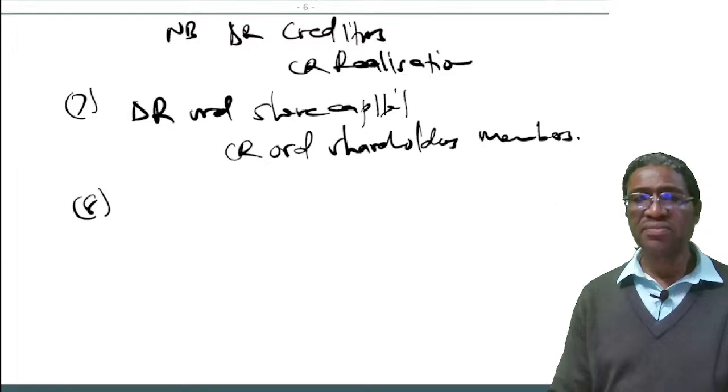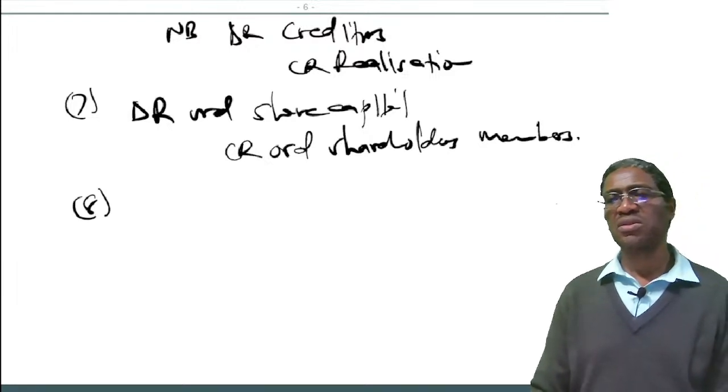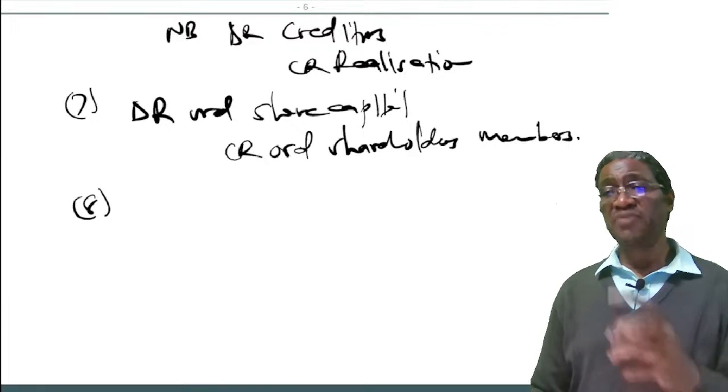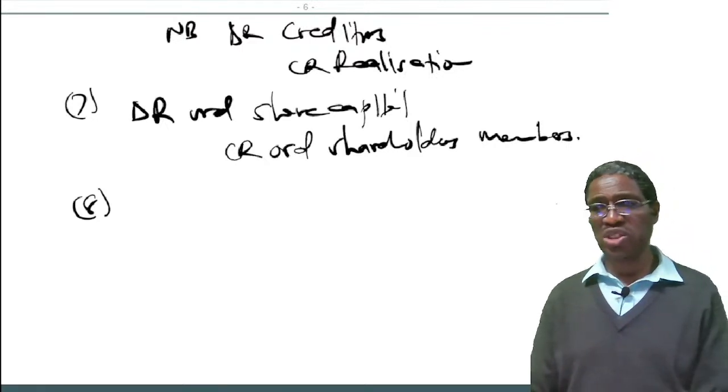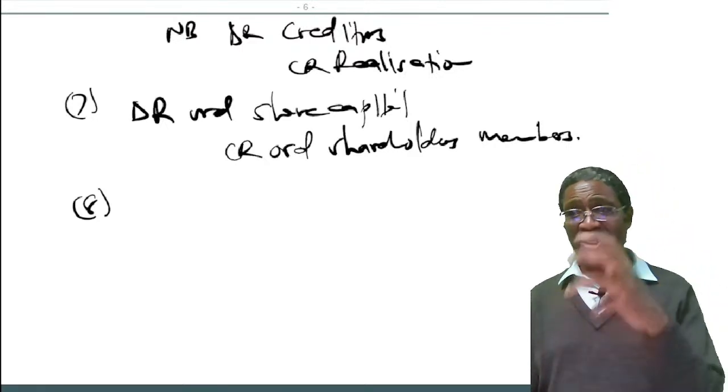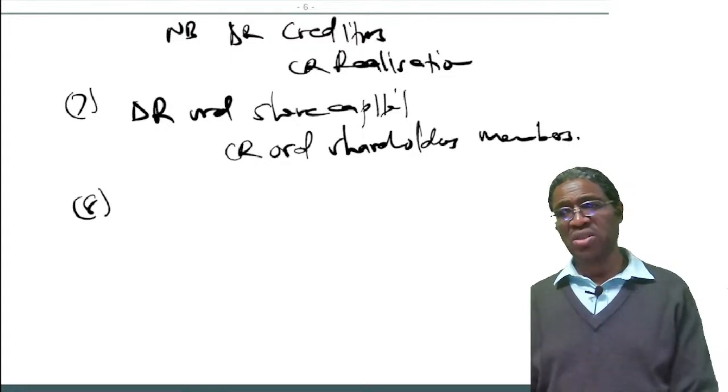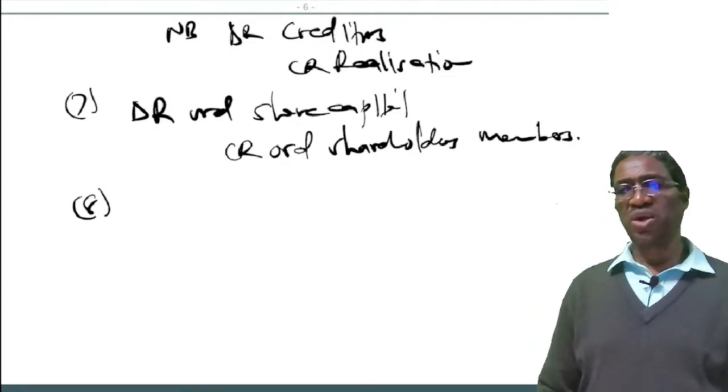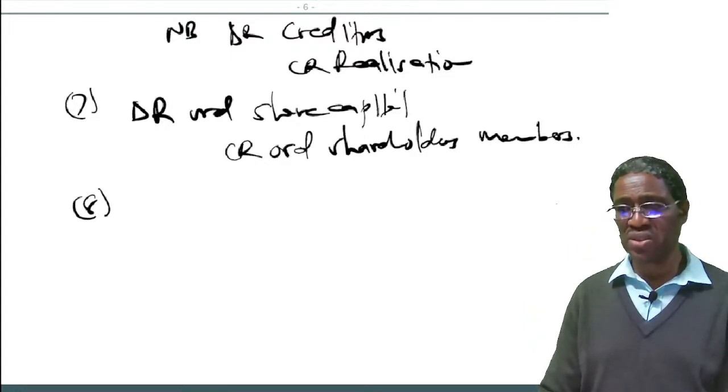Number 8. Transfer reserves to the ordinary shareholders members.